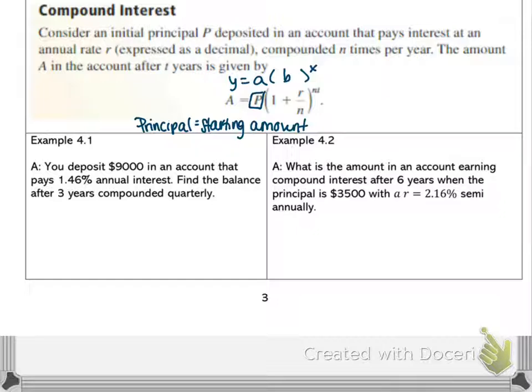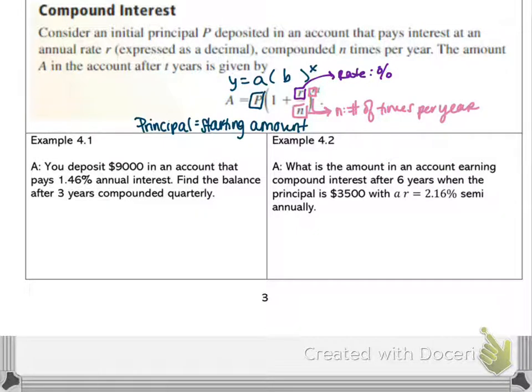All right, so we have that principal. The next one is r, which is our rate. This is always going to be represented by percent. The next one is our n, which is actually in two locations, the denominator and our exponent. This is going to be the number of times that the interest is taken per year.